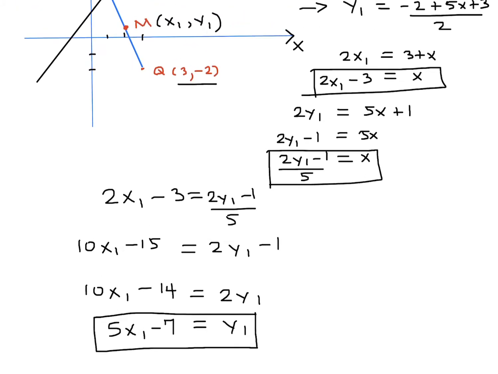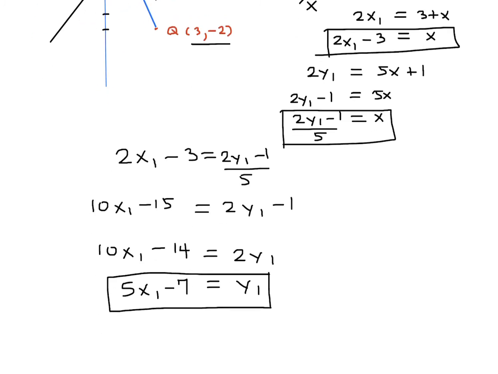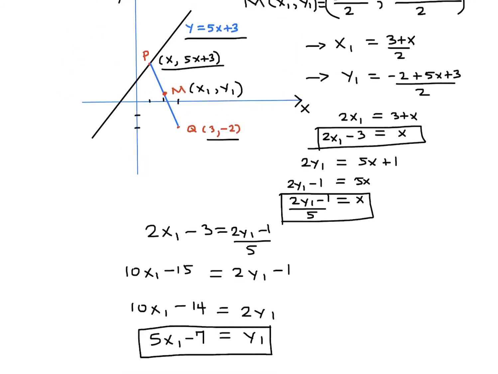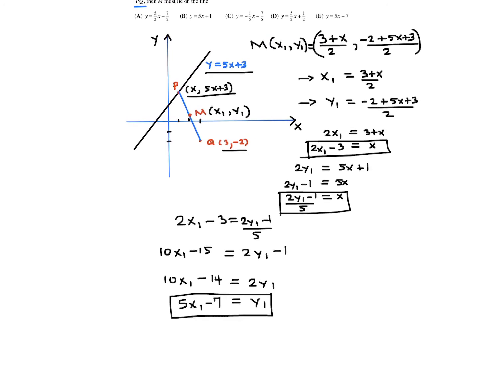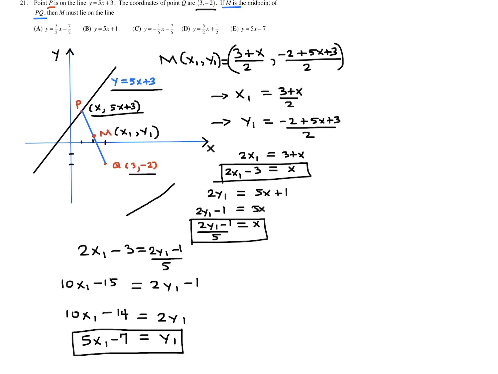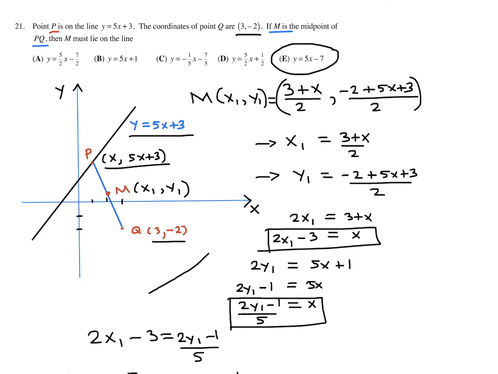This is what M is most likely on, a line that looks like this: y1 is equal to 5x1 minus 7. And which of the answer choices is that? Let's see here. It looks like this one, E, 5x minus 7. I just have slightly different variables, but E would match what we have calculated. So 21, the answer is E.